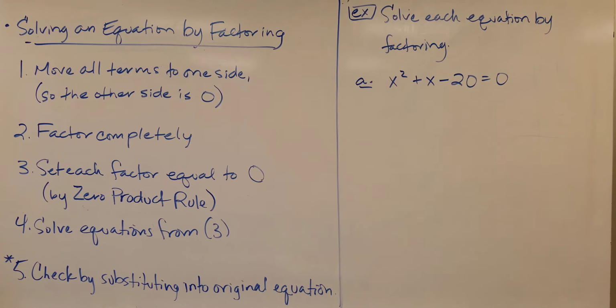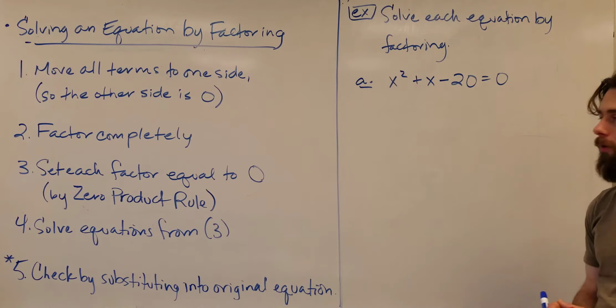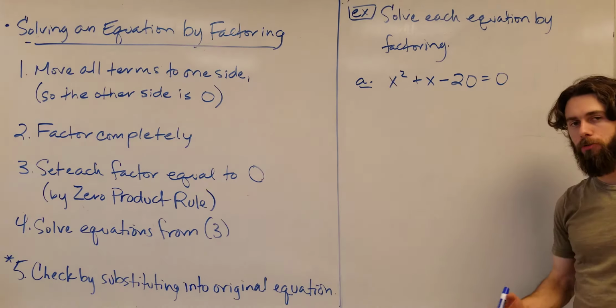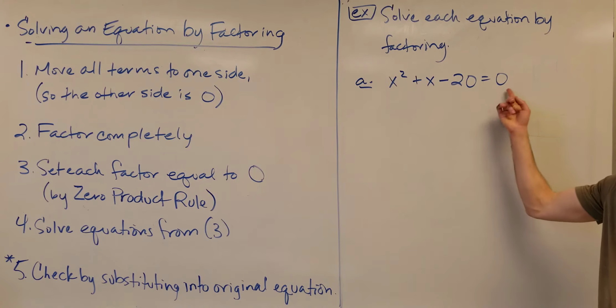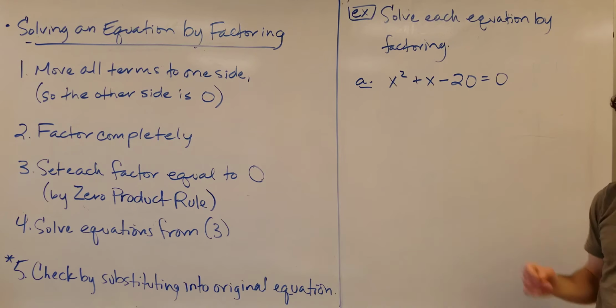All right, so it's a quadratic equation. How do we want to factor that? So maybe take a second, pause the video, and think how you would factor this left-hand side since it's already solved for 0 on the other side.